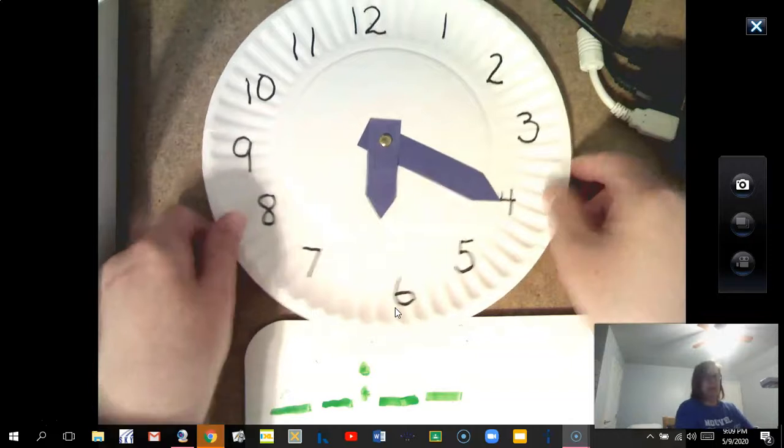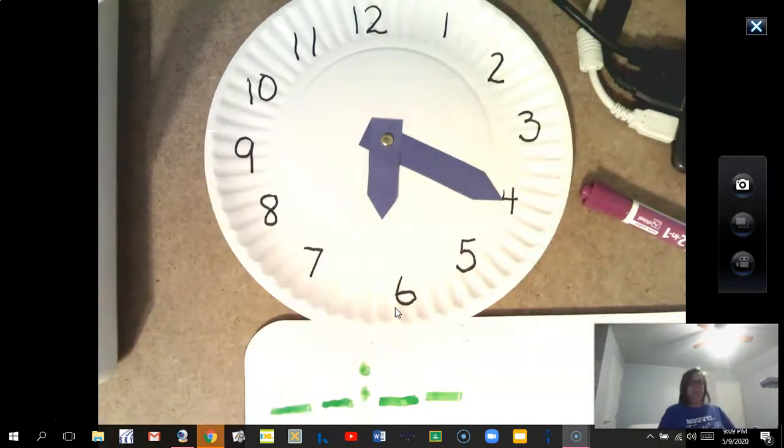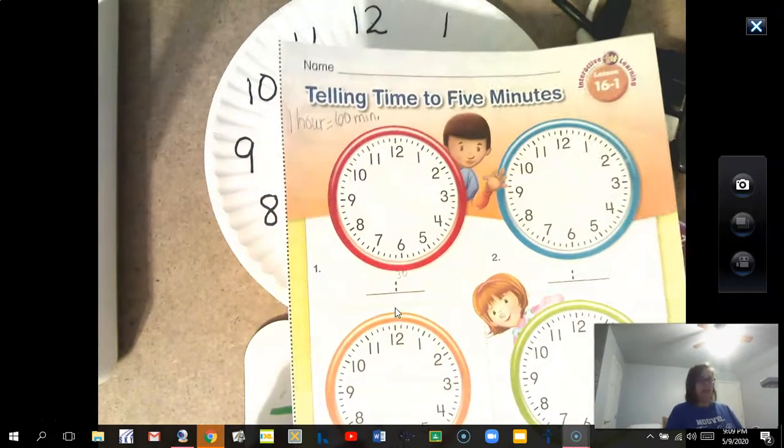Okay. Here's our clock. Now I want you to take a second, and I want you to draw that on here.